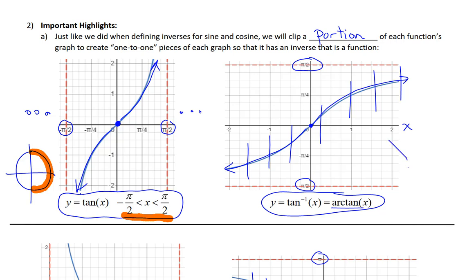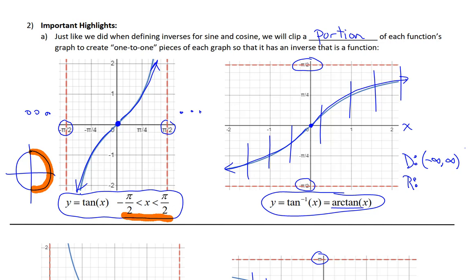So for tangent inverse, let's put this together to make sure this is making sense. If you look at the tangent inverse graph, which we drew, it is stuck between vertically -π/2 and +π/2 because of where we clipped the tangent function. But if we're looking at this inverse function, notice the domain of it goes on forever because it's just snaking through, which means the domain is really -infinity to +infinity, or all real numbers.